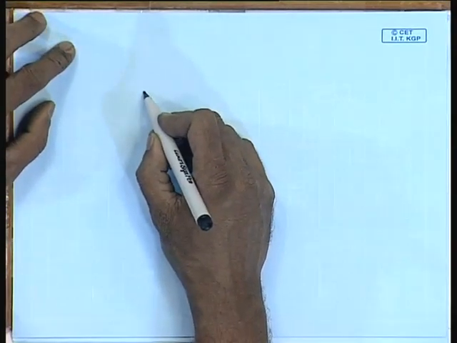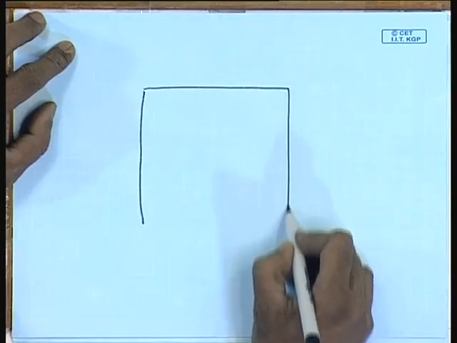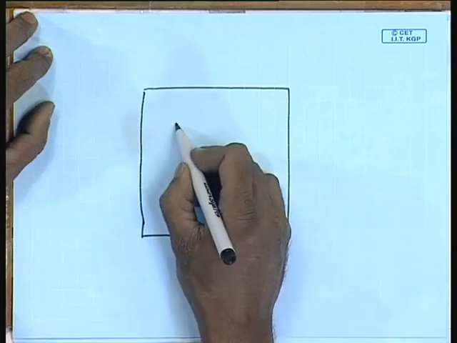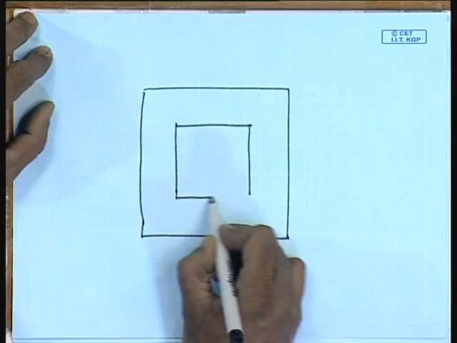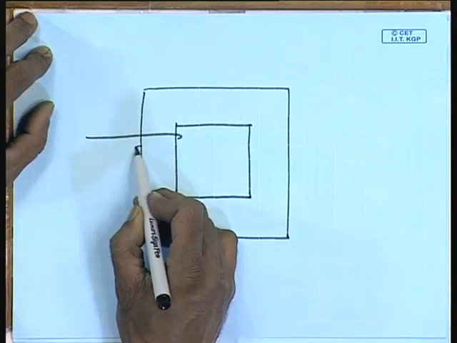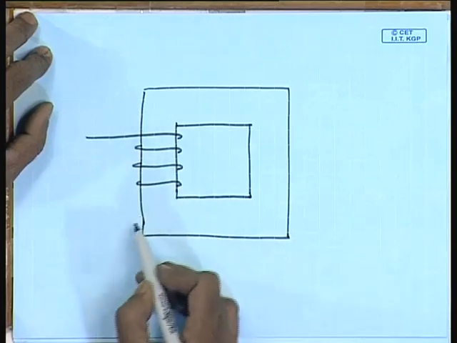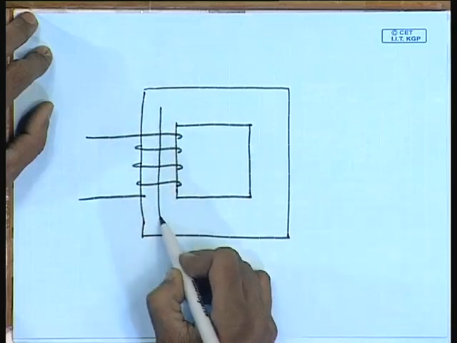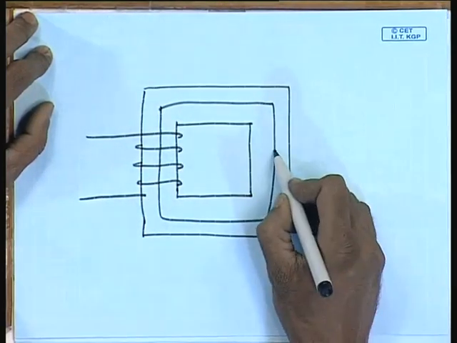Let us say we have a magnetic core and we are using a coil to set up magnetic flux in this direction.